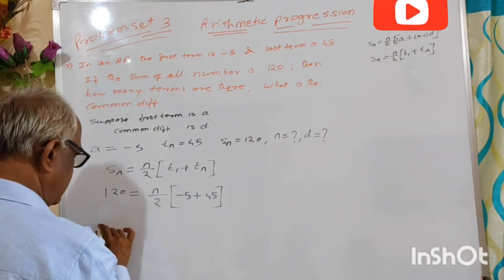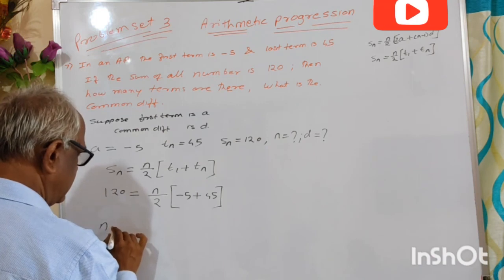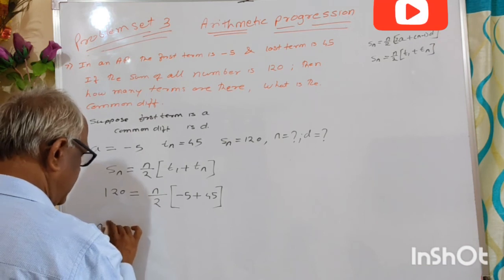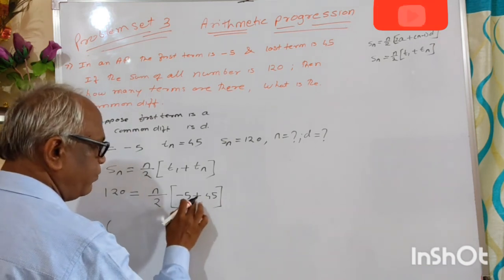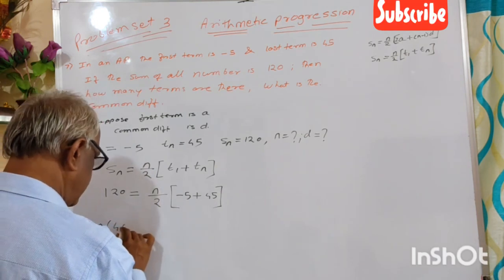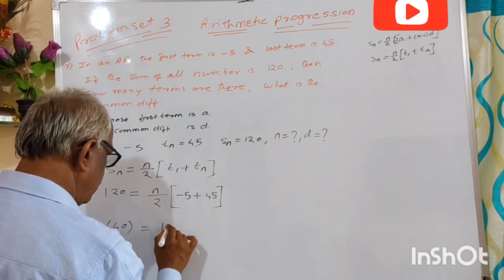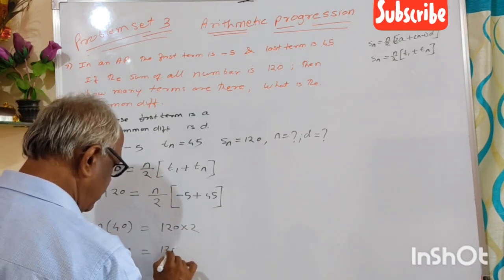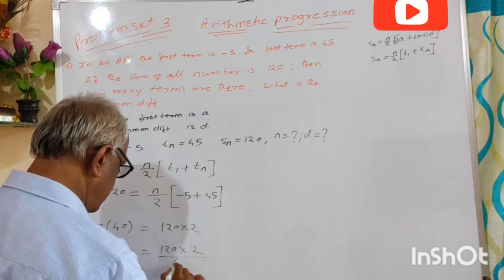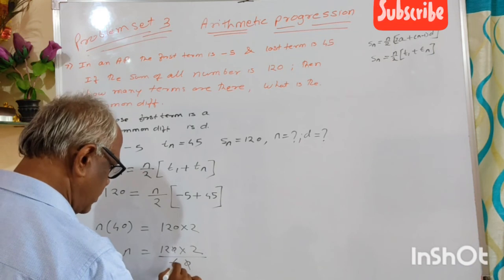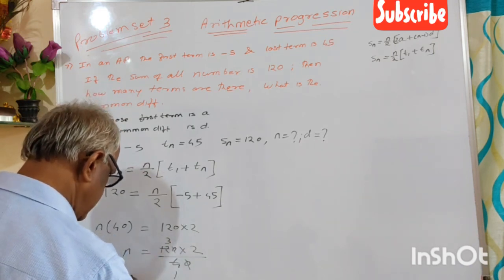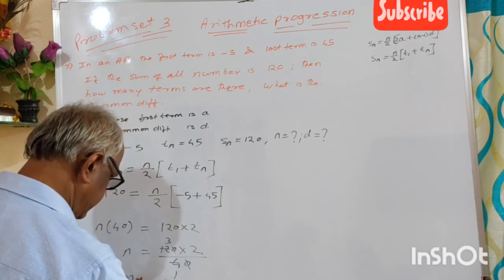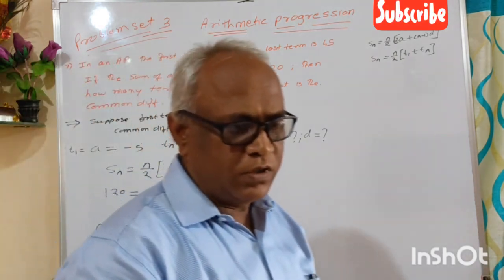Now n in bracket minus 5 plus 45, that is 40, is equal to 120 into 2. Therefore n is equal to 120 into 2 upon 40. This cancels. 4 ones are 4, 4 threes are 12. That is n is equal to 3 twos are 6. n is equal to 6 we got.